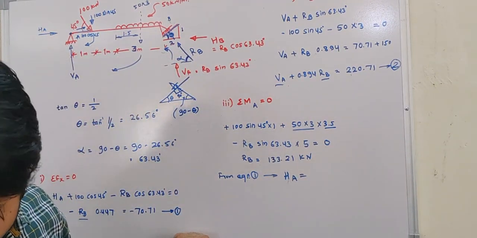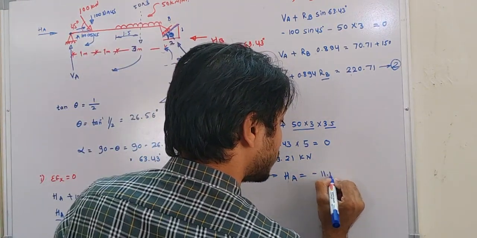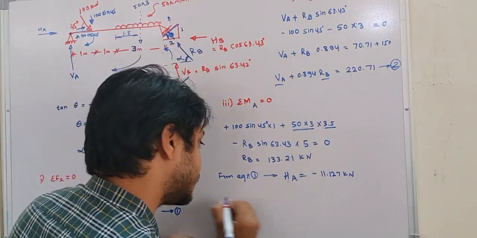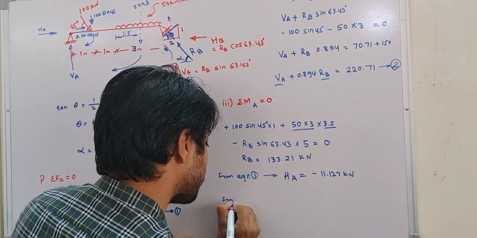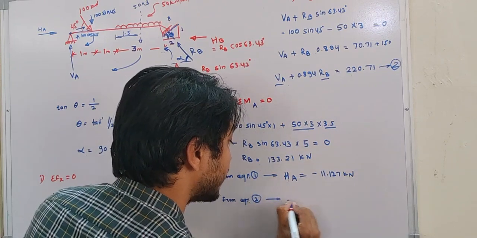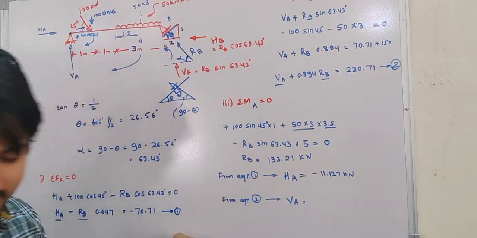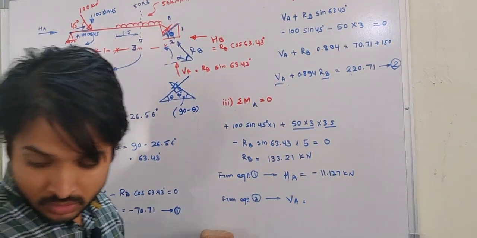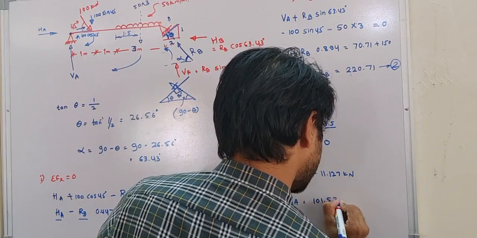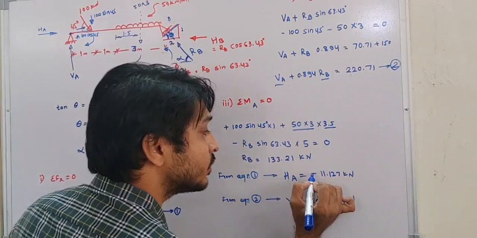HA is equal to minus 11.127 kilonewton, correct? And next from equation 2, substituting back in this equation 2, I get VA is equal to 101.57 kilonewton. And as we have got a negative sign, what does it mean?